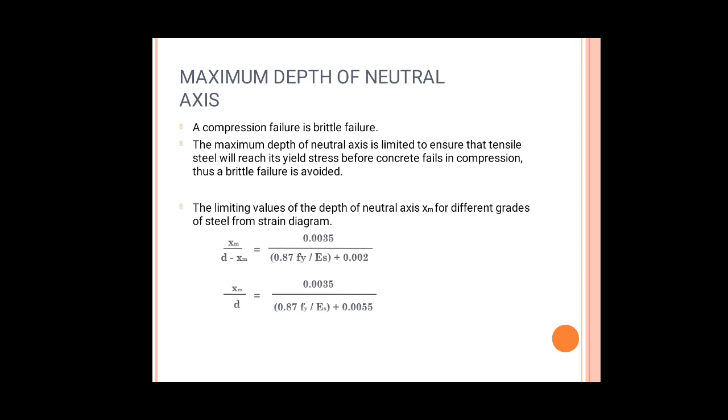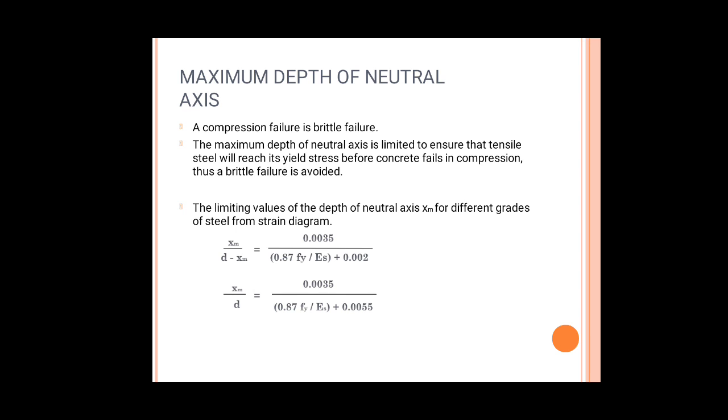Now, the maximum depth of neutral axis. A compression failure is a brittle failure. So to ensure that the tensile steel will reach its yield strength before the concrete fails in compression, and hence to avoid a brittle failure, we limit the depth of neutral axis. Generally, there are two methods of finding the maximum depth of neutral axis.